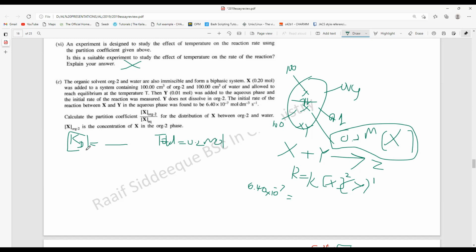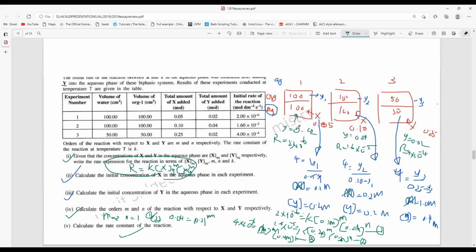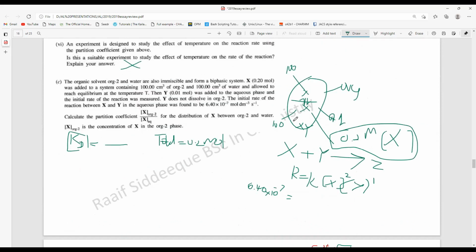In order to find this KD, we need to know the amount of X present in the organic phase as well as in the aqueous phase after equilibration. But the advantage is we can find the concentration of X in the aqueous phase after the equilibration by using the rate expression, right?